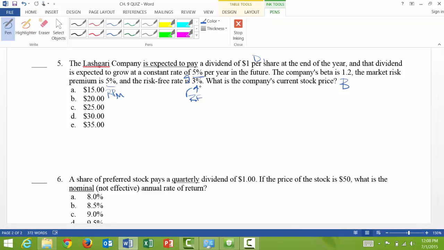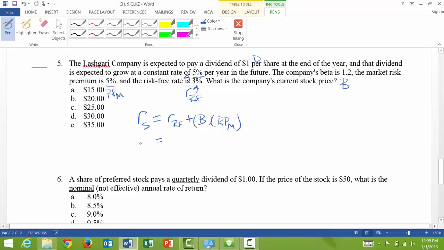Well, in this case, we need R, the discount rate for the company, to include in the dividend discount model. So we have to use the CAPM equation first to get that R. So it's beta times the market risk premium.